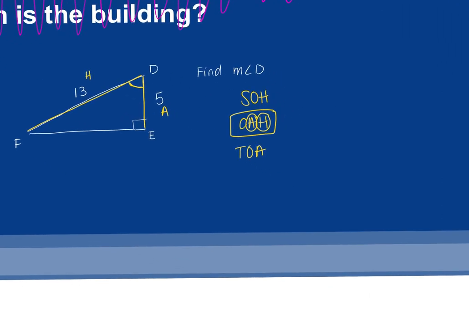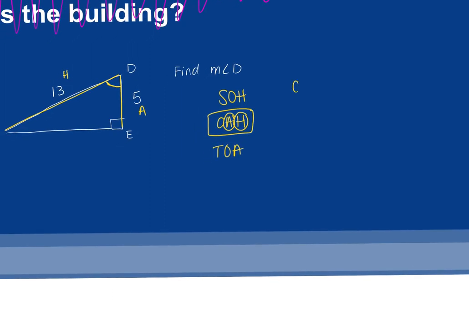So we should take the cosine of our angle, which is angle D, right here, and it's going to be equal to adjacent over hypotenuse, okay? Which in our case is 5 over 13. So we have the cosine of D equals 5 over 13.